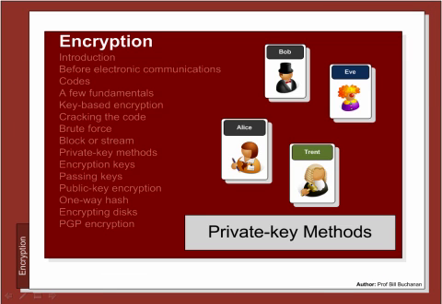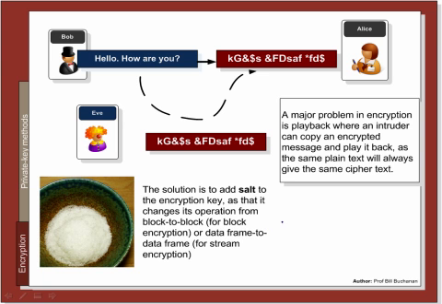Okay, so the first method that we'll look at is private key encryption methods. With private key encryption methods, we use a single key to encrypt, as we have seen.